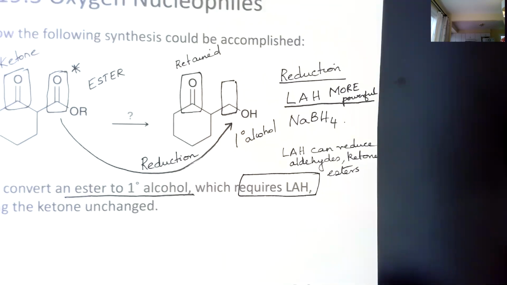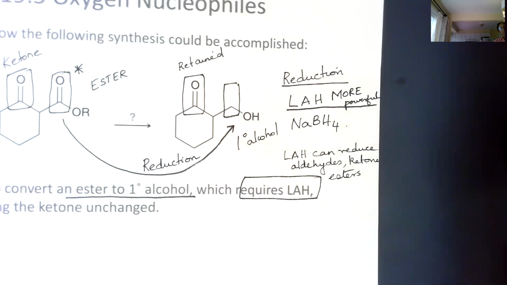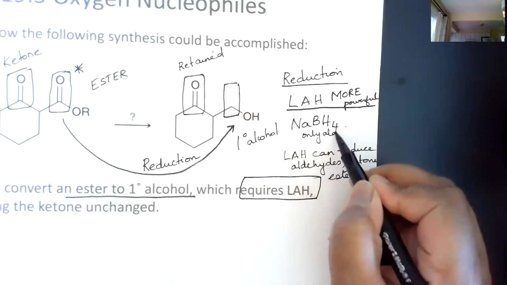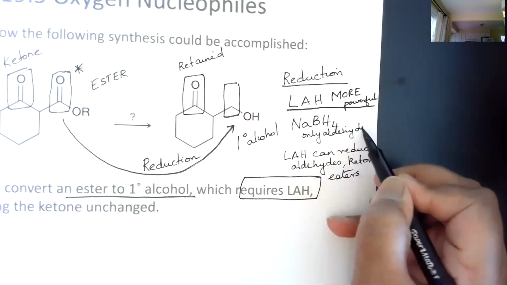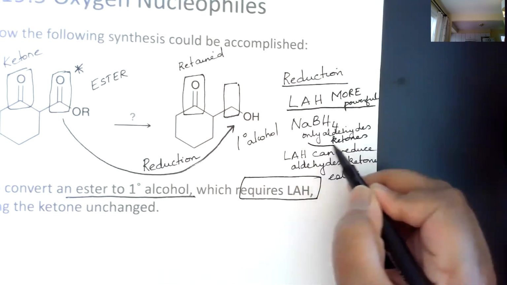But NaBH4 can reduce only the aldehydes and ketones. Only aldehydes and ketones. You have to remember some of these things. You have to review regularly for the next 3-4 weeks.